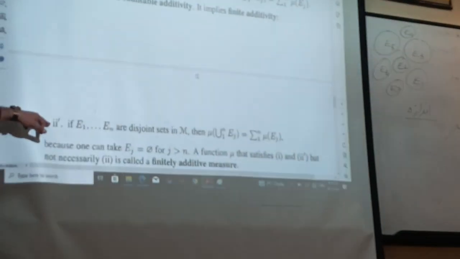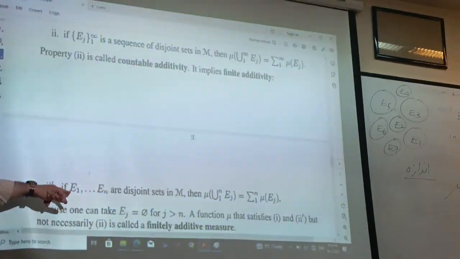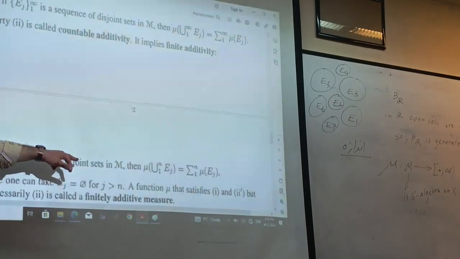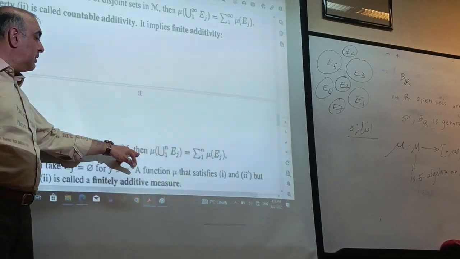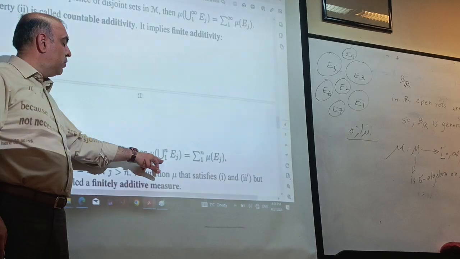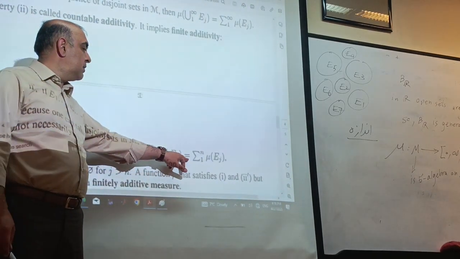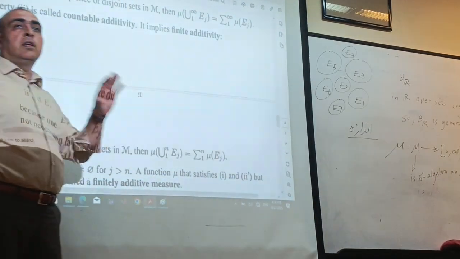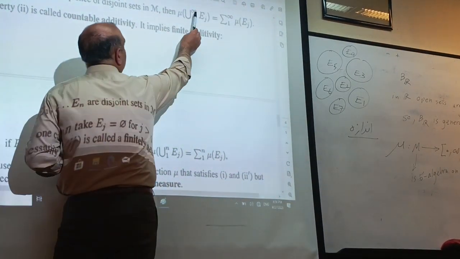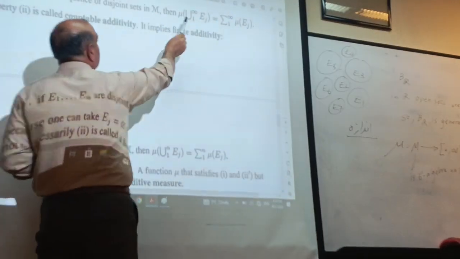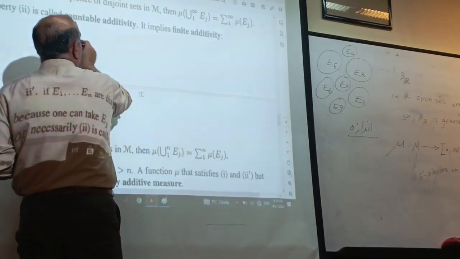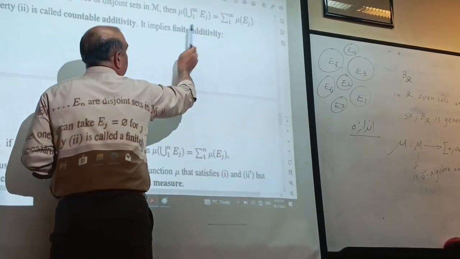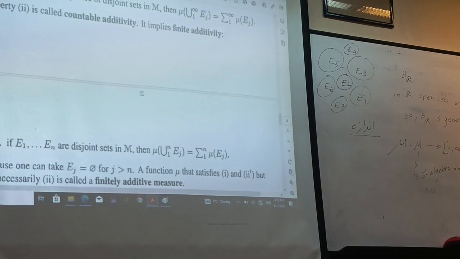Property to prove, finite additivity: if E1, E2, ..., En are disjoint sets in M, then the measure of the union of Ej is equal to the summation of the measure of Ej from 1 to N. From 1 to infinity means countable additivity; 1 to N means finite additivity.